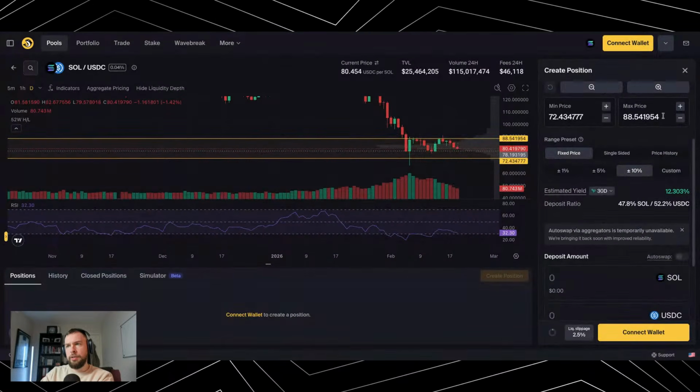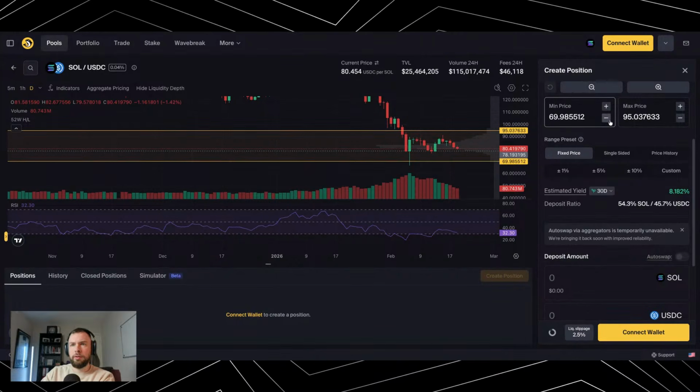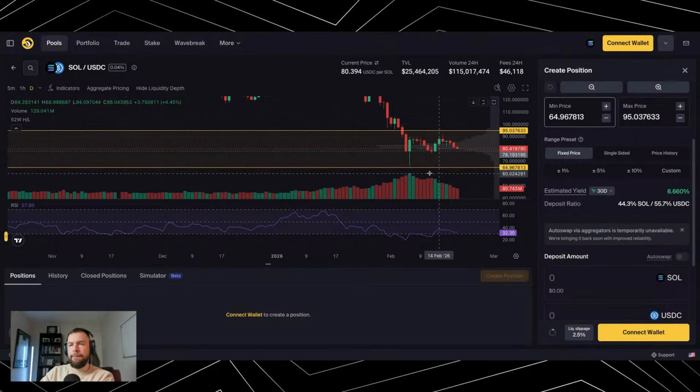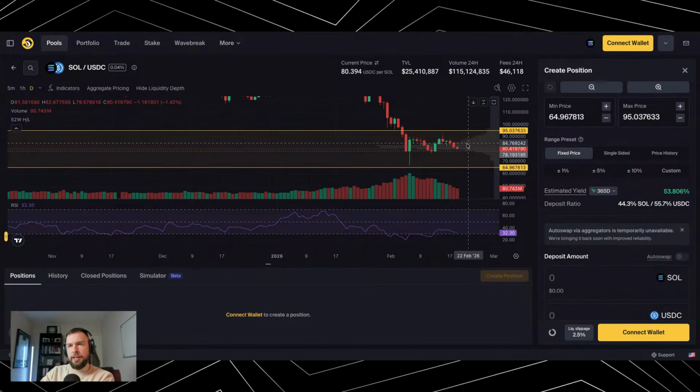But then you could slightly modify that and go wider. And with that, obviously the APR goes down to 6% a month, 53% a year.